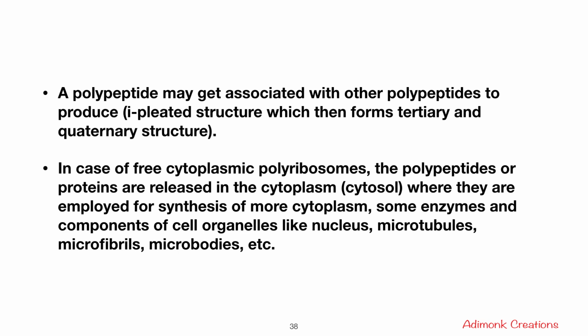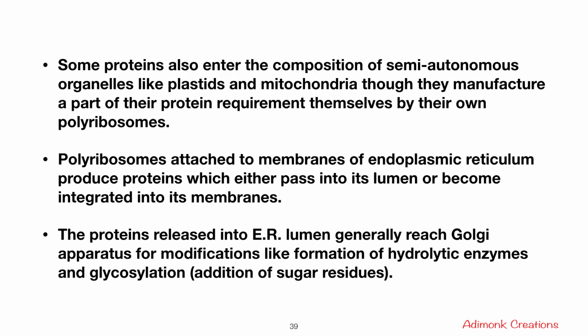Some enzymes and components of cell organelles like nucleus, microtubules, microfibrils and microbodies are made according to the proteins formed. Some proteins also enter the composition of semi-autonomous organelles like plastids and mitochondria, though they manufacture a part of their protein requirement themselves by their own polyribosomes. The polyribosomes attached to the membranes of the endoplasmic reticulum produce proteins which either pass into its lumen or become integrated into its membranes.